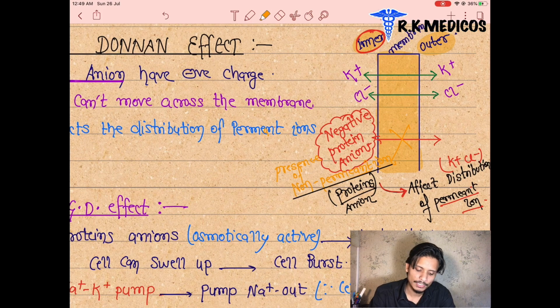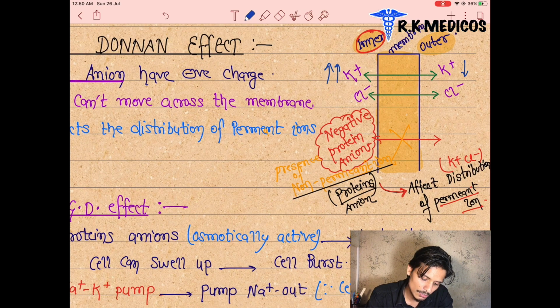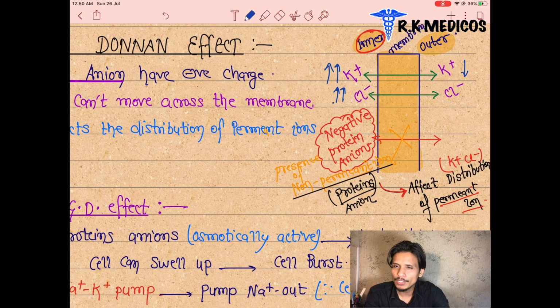The potassium concentration is high in the inner compartment, so according to the concentration gradient it moves out, and the potassium concentration decreases inside, and outside it slightly increases. Same as the chloride: it is also higher in the inner compartment, moves outside, and is lower in amount outside the cells.